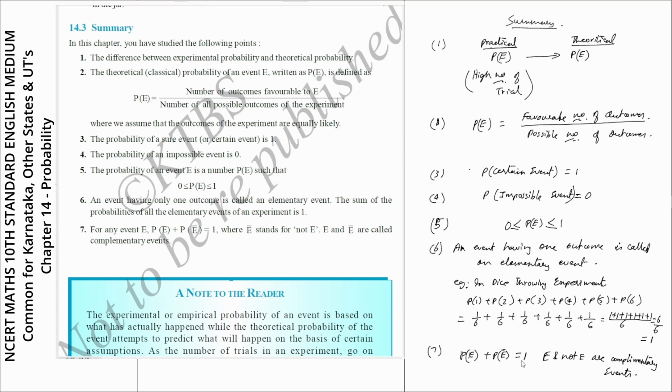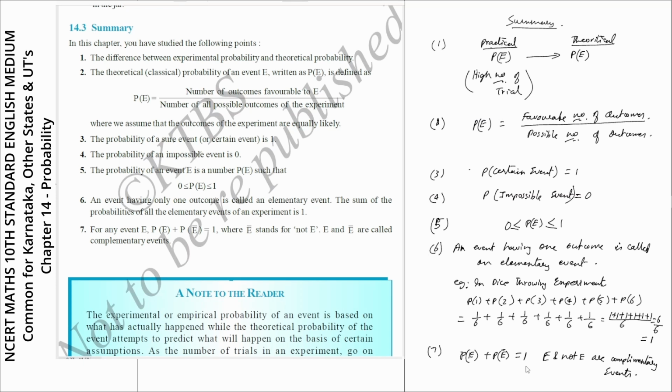And if E and not E are complementary events, then the sum of the probabilities of those two events will be equal to 1. Again, what example can we give? Again, it's the coin tossing experiment. In a coin tossing experiment, getting a head and getting a tail are complementary events, because when one occurs, the other can't occur.